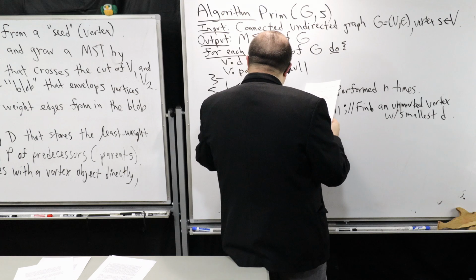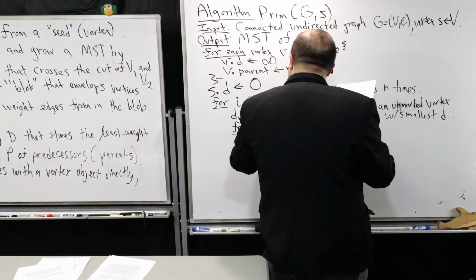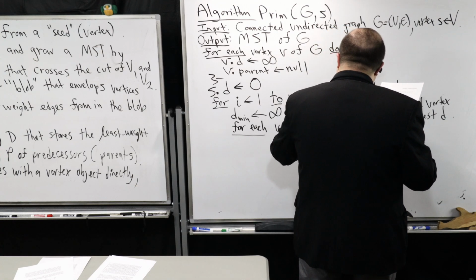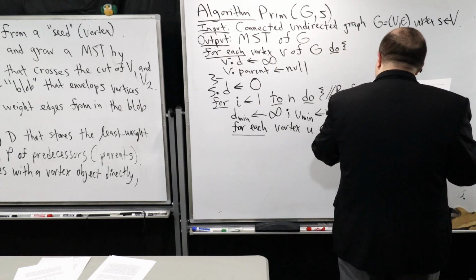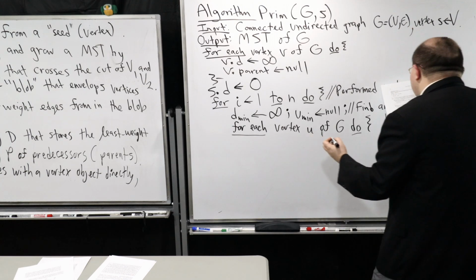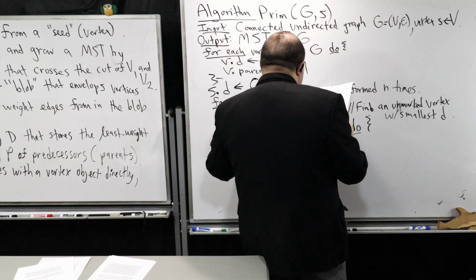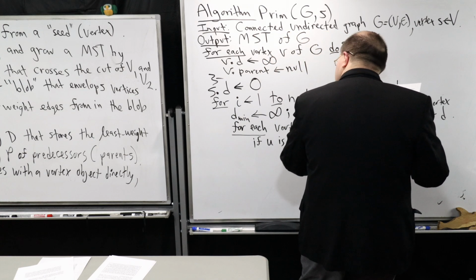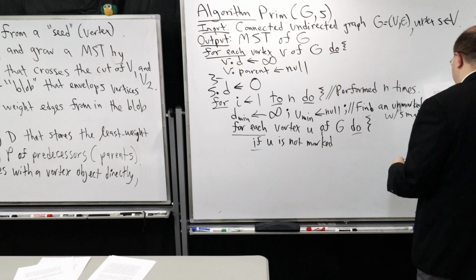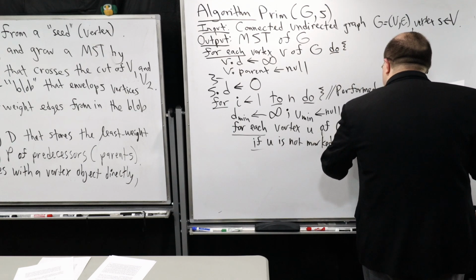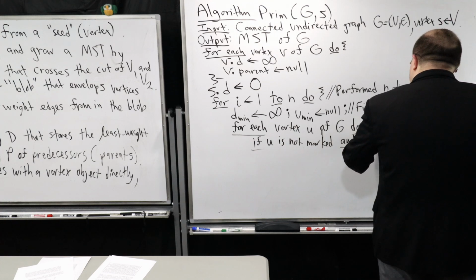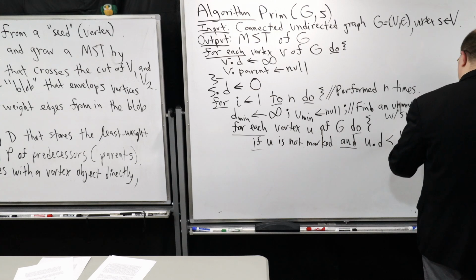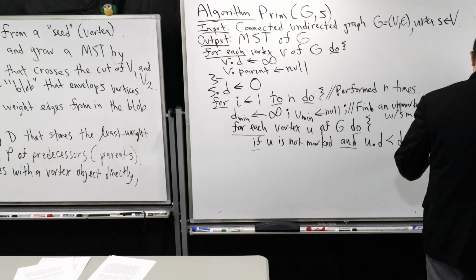So for each vertex U of G, we're going to do the following. For each one of the vertices, I just check if U is not marked. So we're going to be marking vertices in this algorithm. And U dot D is less than D min, meaning I found a closer vertex to the blob.